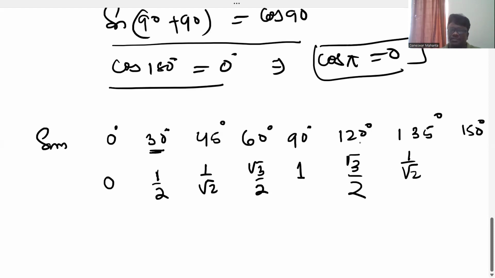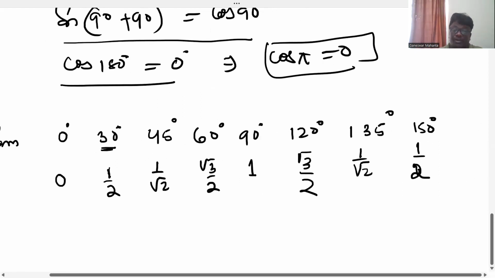And 150 is cos 60, which is 1 by 2. Then finally we come to 180 degrees, which is 0.